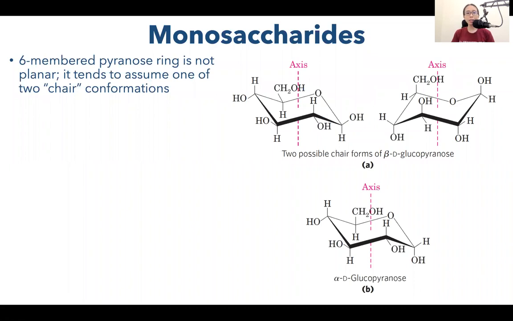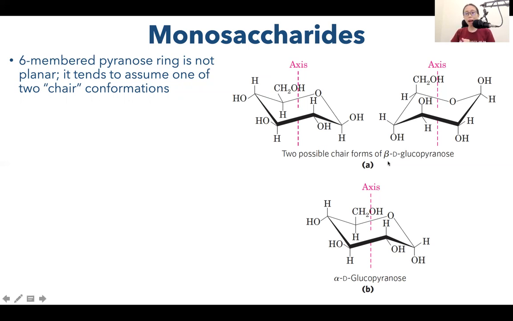This 6-membered ring is not planar in reality. Even if we draw them, or imagine them, as a flat plane, that is wrong. In reality, they tend to assume what is called a chair conformation, because this chair conformation is a relatively stable conformation for a 6-membered ring.